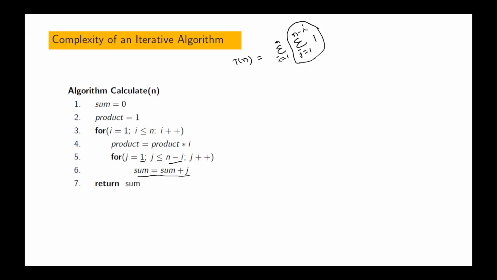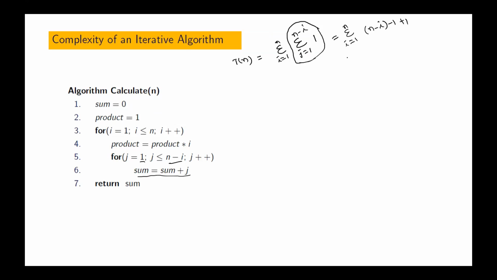What is this value? n minus i plus 1. Upper bound is n minus i, lower bound is 1: upper bound minus lower bound plus 1.